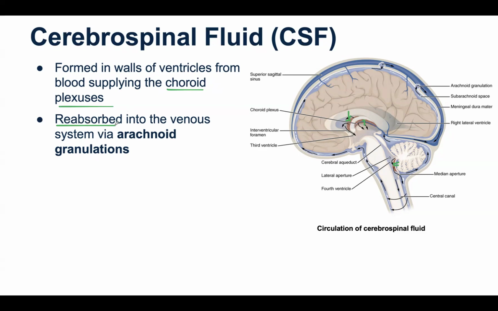And this is possible through regions referred to as arachnoid granulations, which are extensions of the arachnoid and the subarachnoid space that project into a dural venous sinus and allow for CSF to drain into or be reabsorbed by the venous sinus. And arachnoid granulations are associated with a few dural venous sinuses, but are most frequently and easily observable associated with the superior sagittal sinus that's located in the superior portion of the falx cerebri.